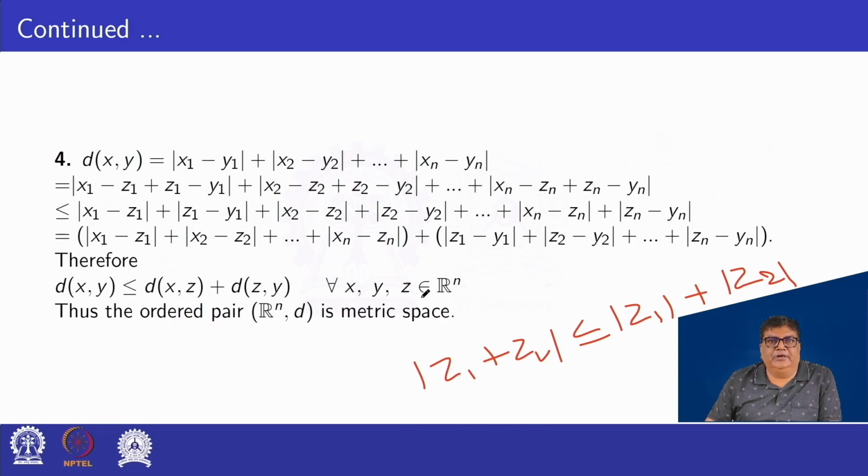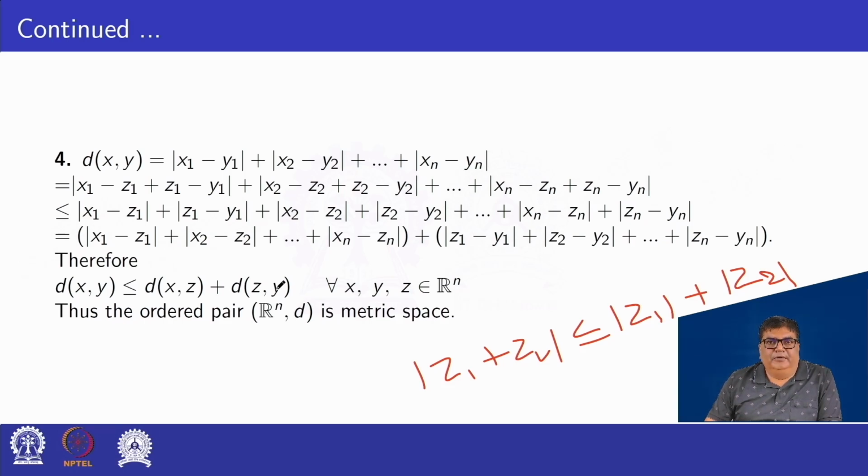So applying this property, we can write this expression in this way. Okay. So x1 minus z1 plus z1 minus y1 plus x2 minus z2 plus z2 minus y2 plus and so on, last term also we can write in this way.